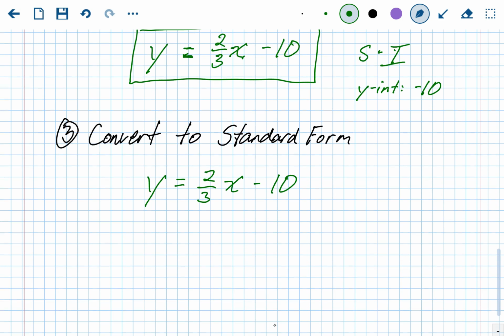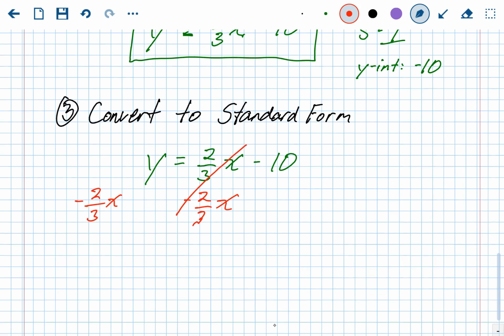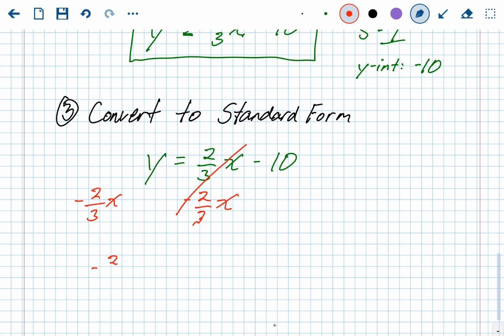Okay. The x term has to be first, the y term has to be second, the constant has to be on the right side of the equal sign. So that's the first move I'm going to make. I'm going to move the x term, the 2/3 x, from the right side to the left side. So that goes away there. So now I'm left with -2/3 x plus 1y on the left equals -10.